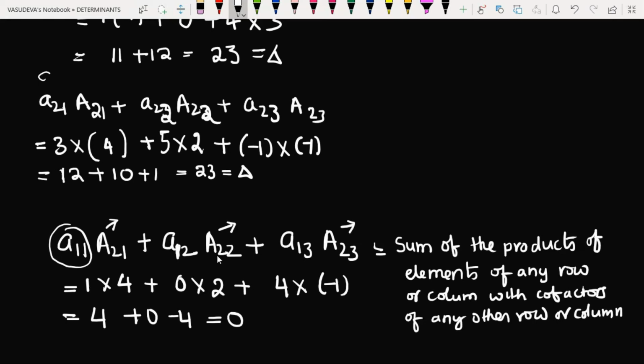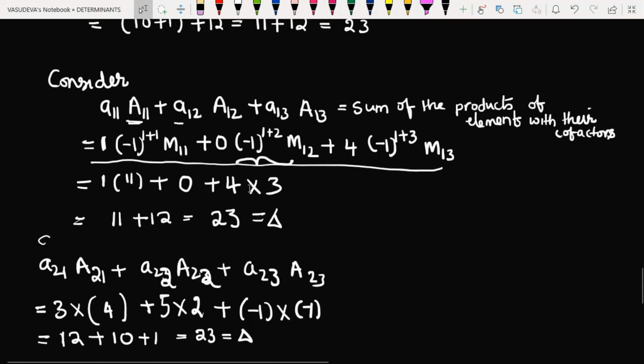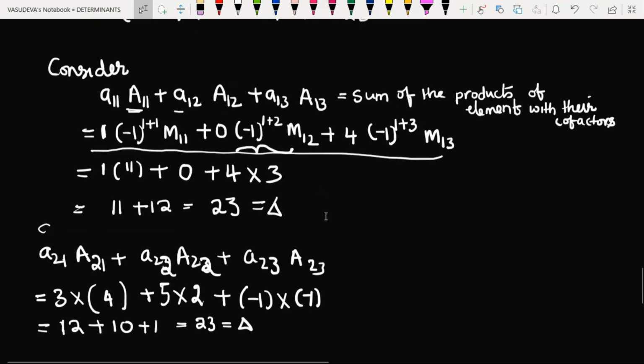So we can check with the other rows also. You can take the column with the corresponding cofactors of the columns of the other row. So we can get the value as 0. See, with their cofactors, the sum of the products of the elements with their cofactors gives the value of the determinant.